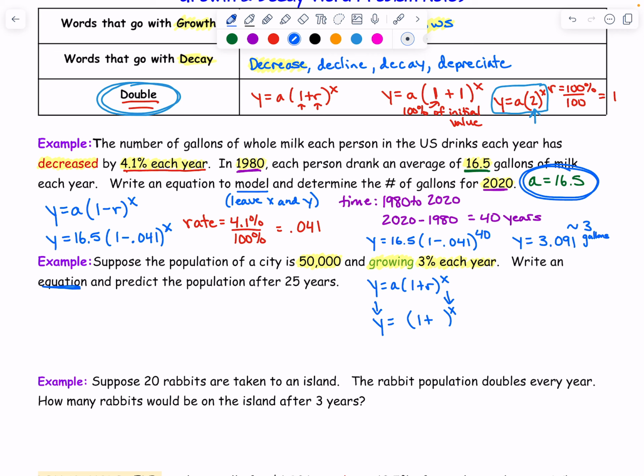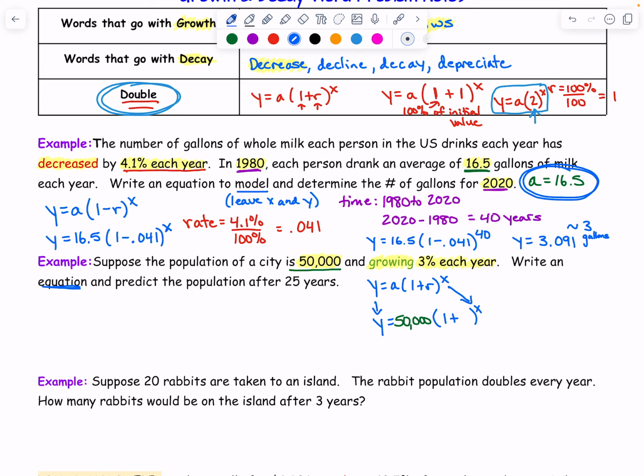So our initial value sounded like the 50,000 that we started with. So let me scoot this over a little bit, because I need to have room to write that big number. So 50,000. And then my x. I need to move my arrow. Let me just erase that and point that over here.